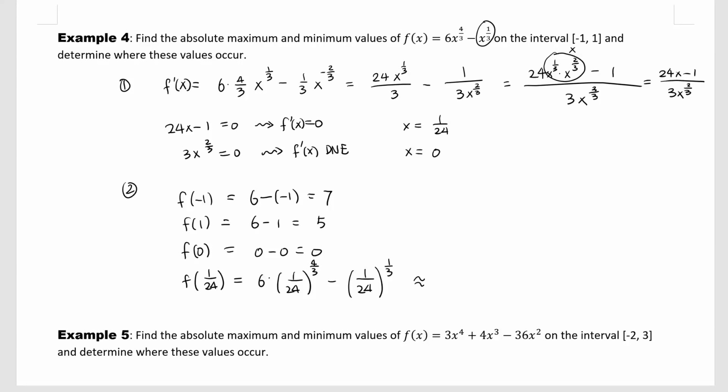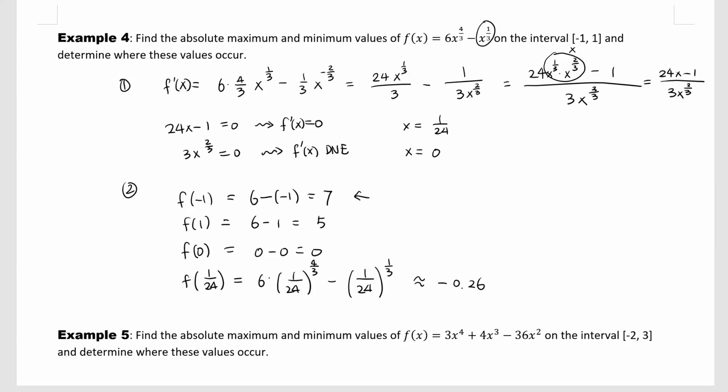Sometimes students ask me during the exam, "Why does my calculator say error?" Because you made a mistake, but I cannot tell you what is wrong. I cannot answer questions like that in the exam. So please try to plug this in your calculator and you get approximately minus 0.26. So which one is the biggest?